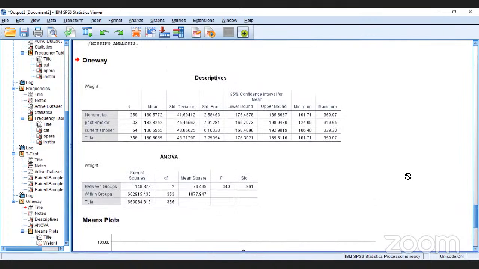What's happening? What happened? Tell us now. Forget about the N. Look at the means. That's what's important right now.